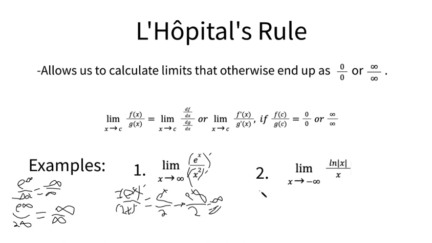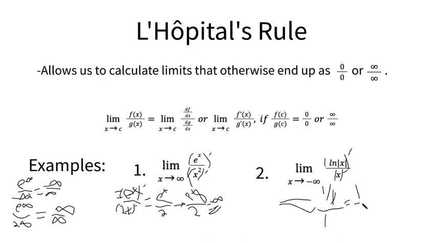So now we have to differentiate with respect to x both the top and the bottom. The derivative of the natural log of the absolute value of x with respect to x is just 1 over x, over x prime, which is just 1. That's just 1 over x.